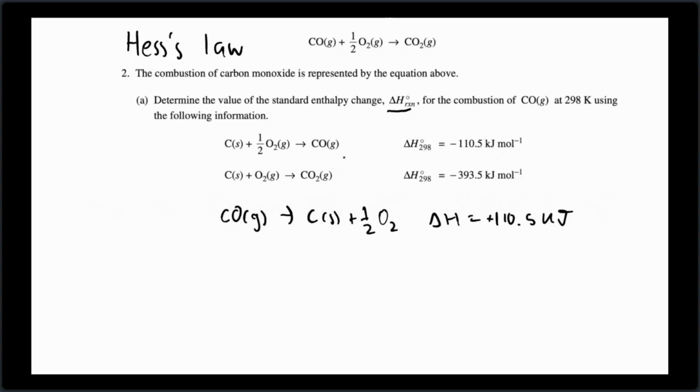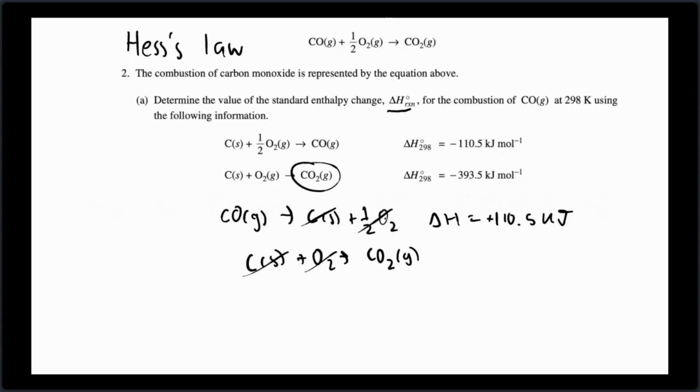Now let's look at the second equation we're given. The most noticeable species is CO2, and CO2 is on the product side in our final reaction, so let's keep that the same. We have carbon plus oxygen gas forming carbon dioxide. Now we need to cancel out the carbon and the carbon, and we want to cancel the oxygen.